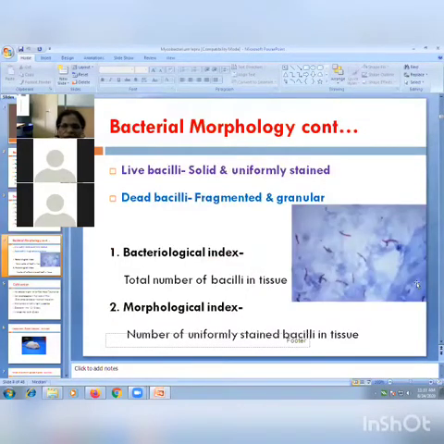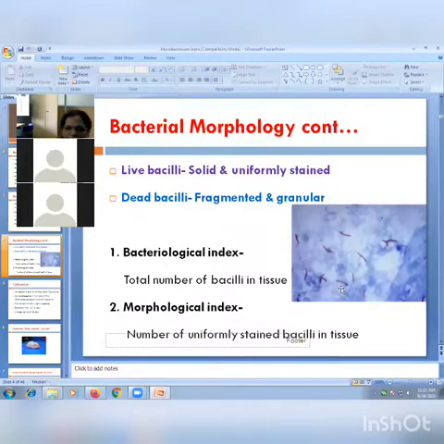These are some indices, not so important, but just see bacteriological index and morphological index. That is to study, by counting of the bacilli, the severity of disease. Here you can see the fragmented bacilli, meaning after starting the treatment the bacilli are going to die.